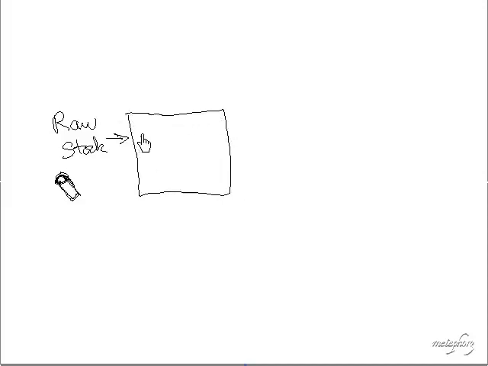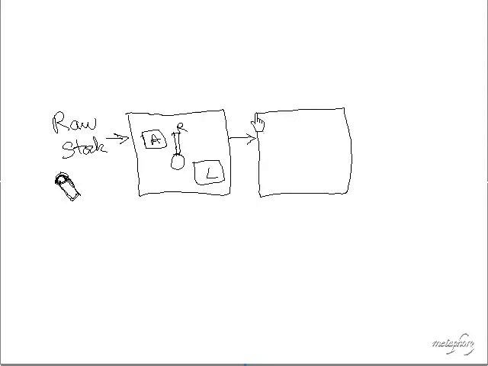In this cell it's going to encounter an accumulator, A, a robot arm, seen from the top, which we'll call R, and then a lathe, which we'll represent as L. Then from the lathe we will go into a drill press, and we'll use the same things: accumulator, robot arm, and D for drill press.